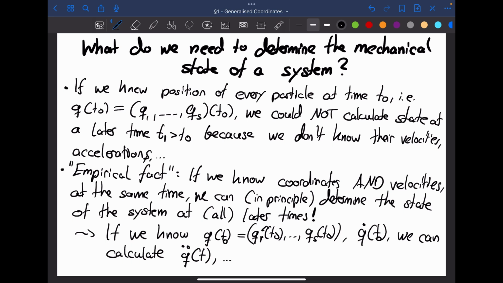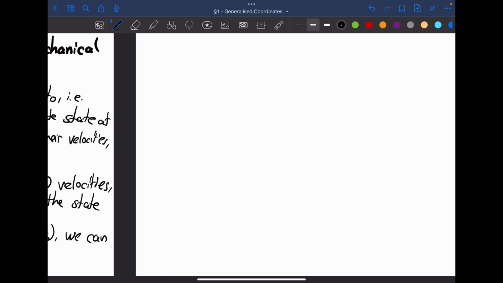And we can also calculate higher things, but yeah. So, and this is totally not clear a priori, right? So it could be that the world is in such a way that we have to know all derivatives of the position. But for some reason, we don't. We don't need to.